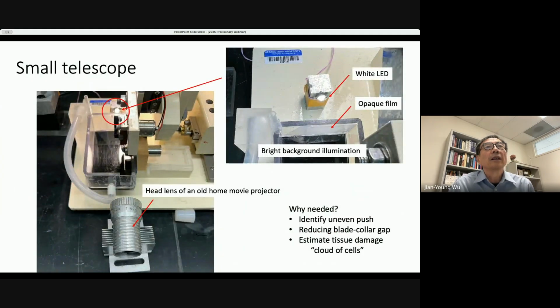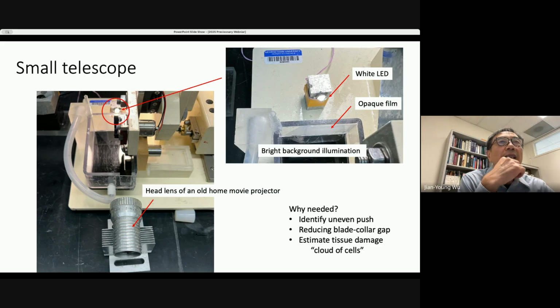The third thing we found pretty useful is a small telescope. We just use a projecting lens from an old movie projector, but any small telescope with two pieces of lens should work. This one will have a focus point.